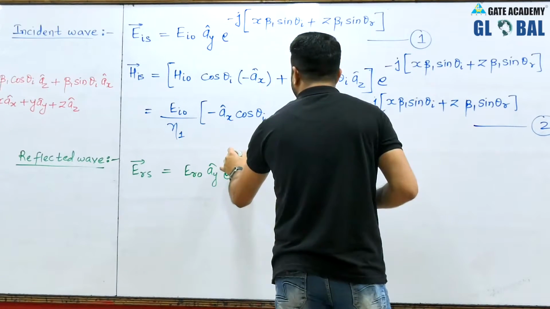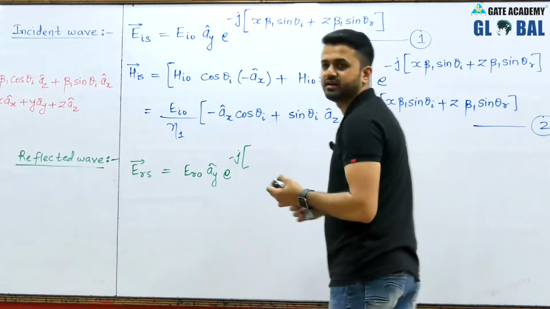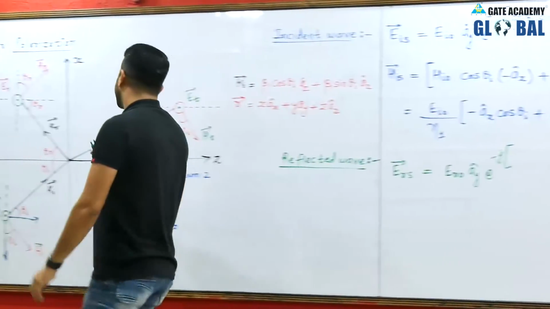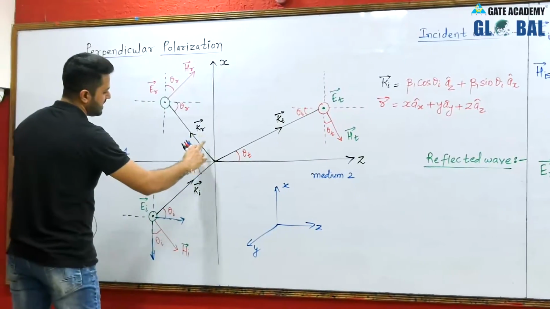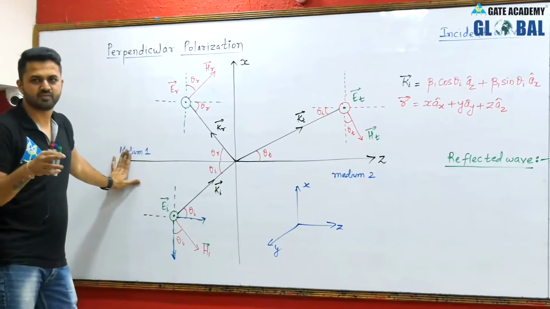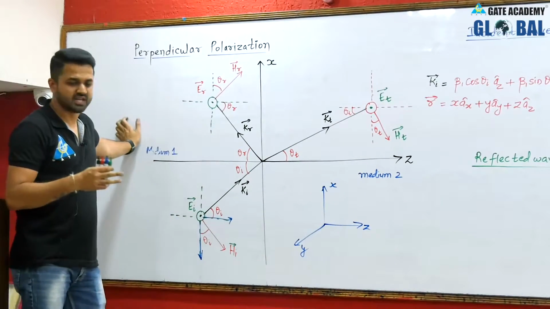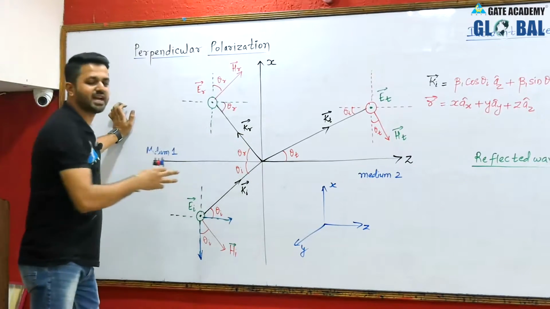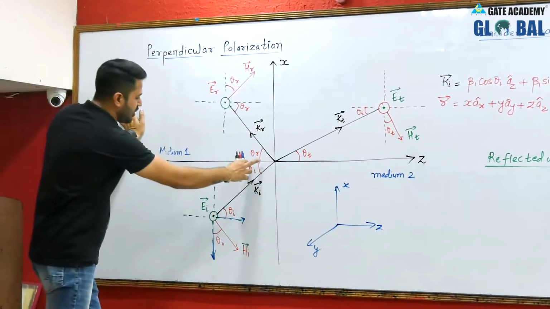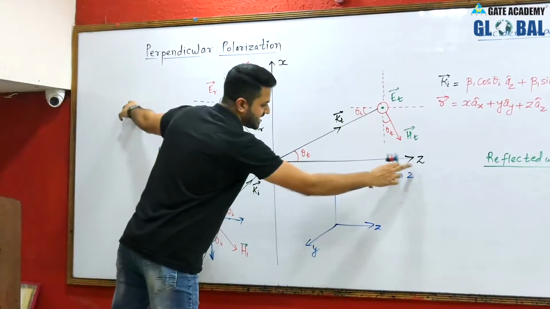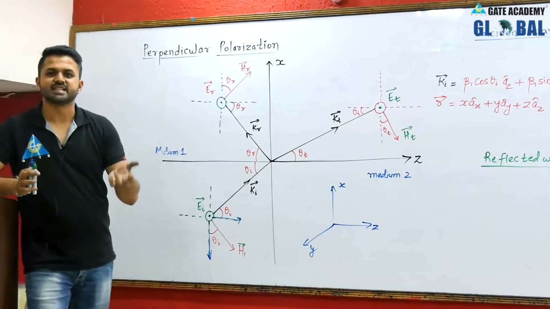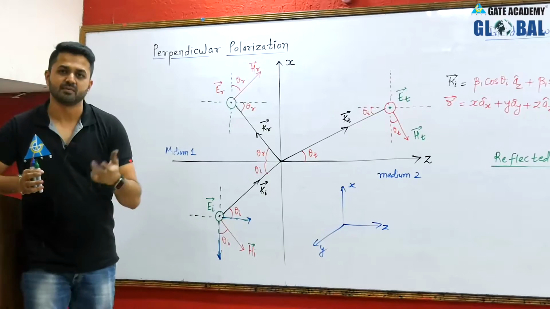Now e to the power minus j and the propagation vector, right? So k dot r. So the magnitude of kr is beta 1 because we are talking about medium one. The incident wave and the reflected wave both will be in medium one. So the magnitude of kr is beta 1 and the cos component is in the negative z direction. So the direction is z, so it should be multiplied with the variable z.